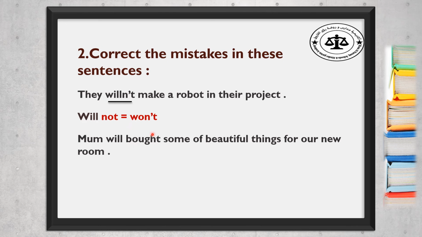What is the infinitive verb of bought? This is, excellent, buy. So the sentence is: Mom will buy some beautiful things for our new room. Don't forget that after will we must put what? Infinitive verb, yes.